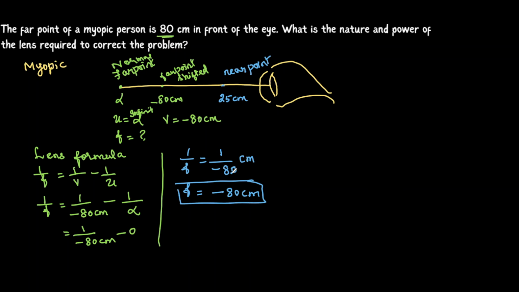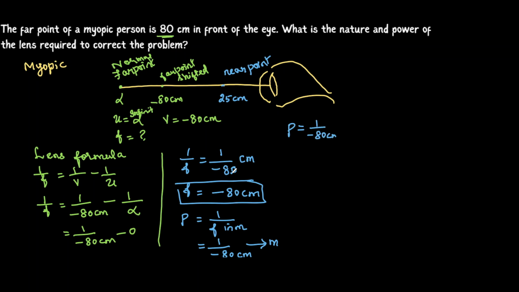We have to find out the power of the lens. So P is equal to 1 by f in meters. Substituting the value, 1 by minus 80 centimeter. But the centimeter, we have to convert into meter. For doing that, we have to multiply by 100.